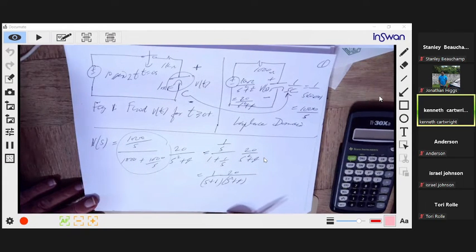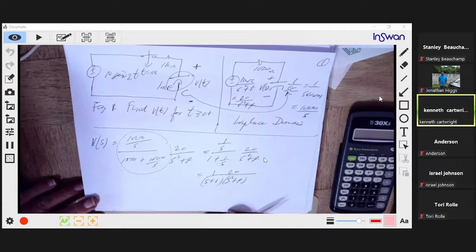Okay, so that's V of S. Now how are we going to find V of T?